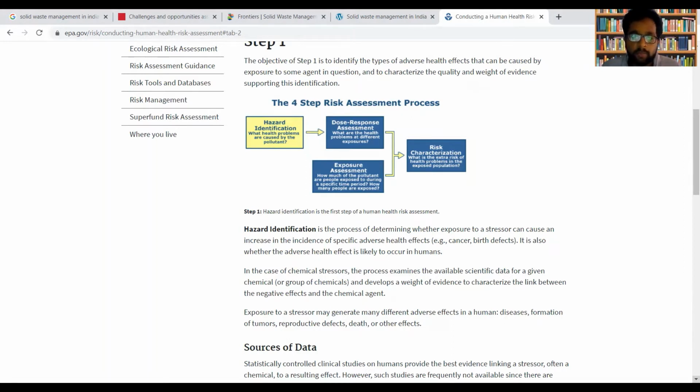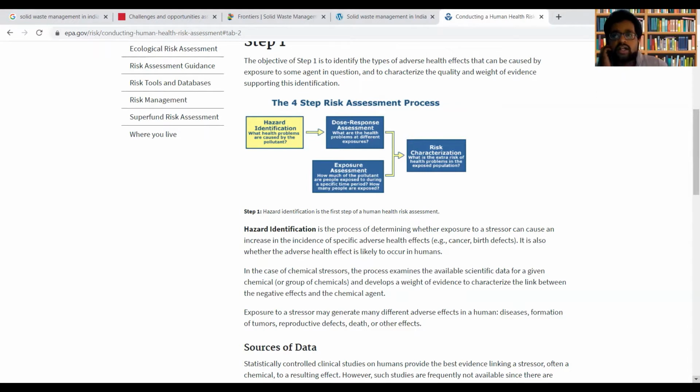Now, when we are discussing chemical stressors, which means that the source of this risk is some chemical, the process of hazard identification will be examining the available scientific data. Whatever literature is available for a chemical will be evaluated, and a weight of evidence will be developed to characterize the link between the negative effect and the chemical agent.